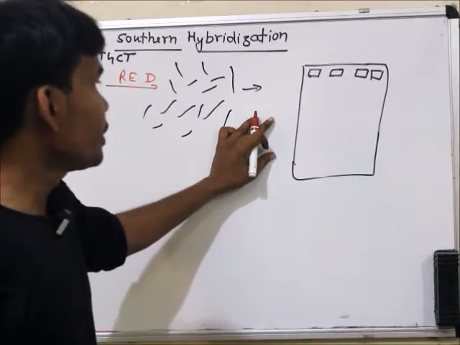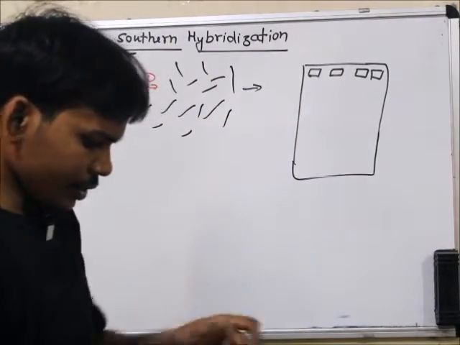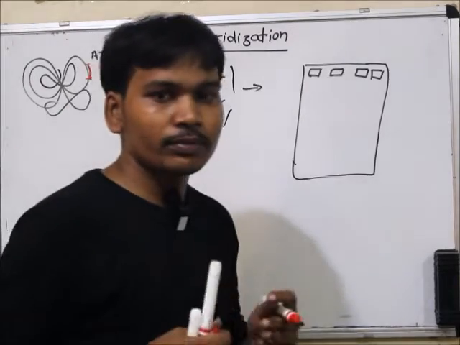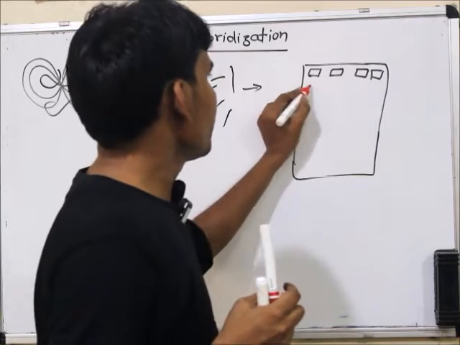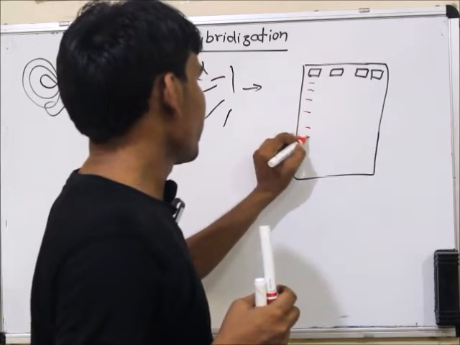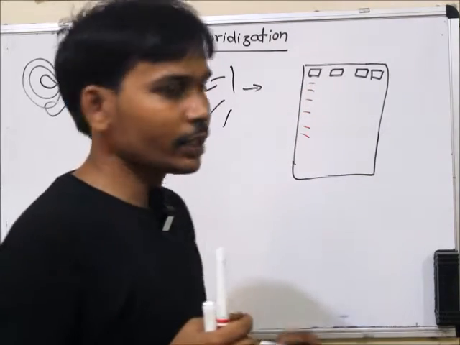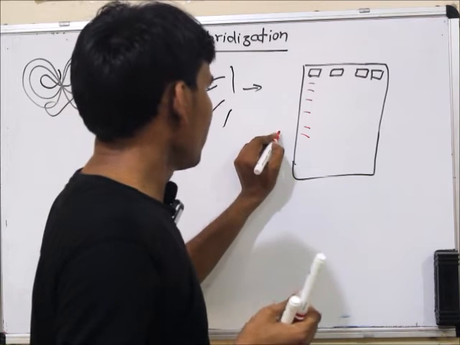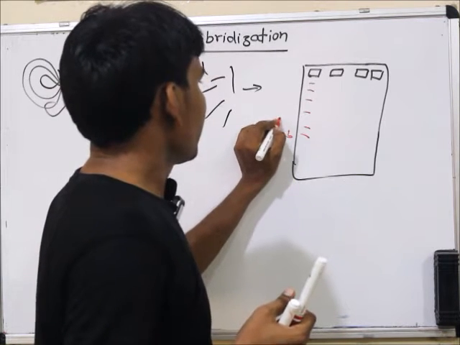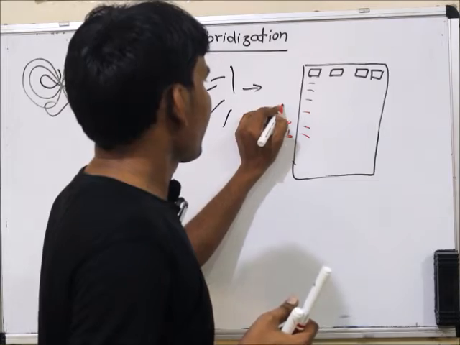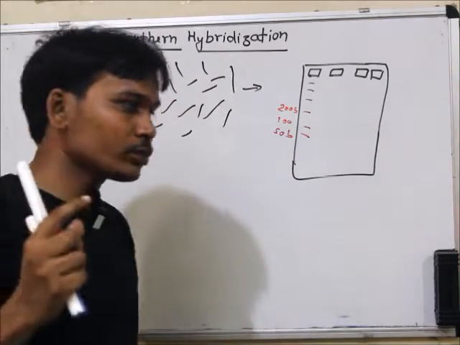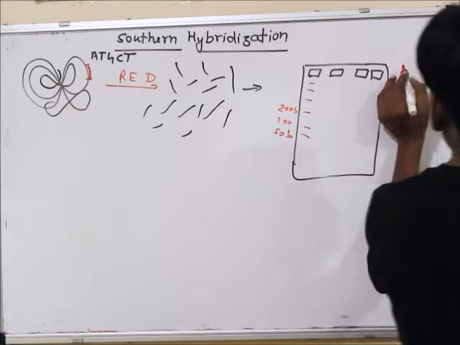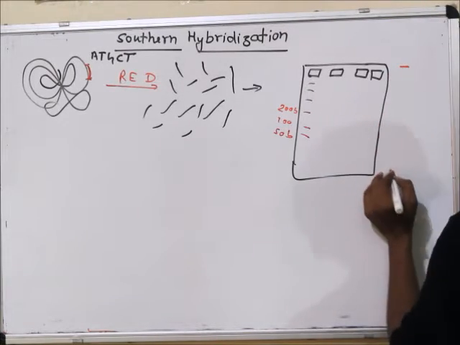There are many lanes in this gel, and the fragments are loaded on the agarose gel. This is a marker. You know these molecular markers, whose specific sequence is known, are run in one well with different sizes. Suppose this is 50 base pairs, 100 base pairs, 200 base pairs, and so on. The separation takes place from negative to positive.